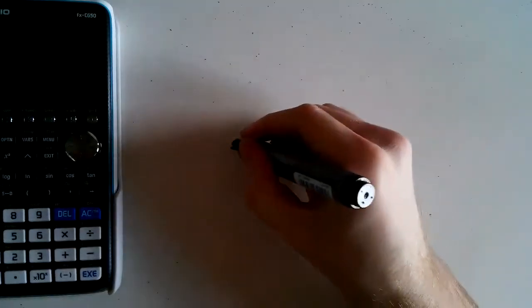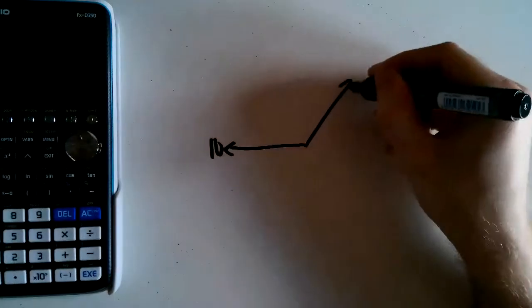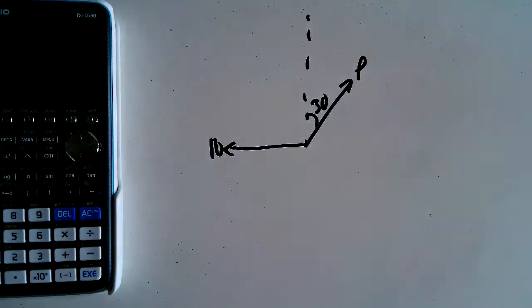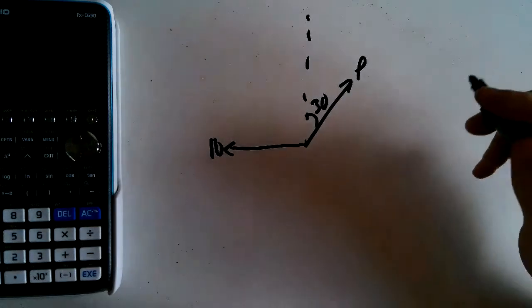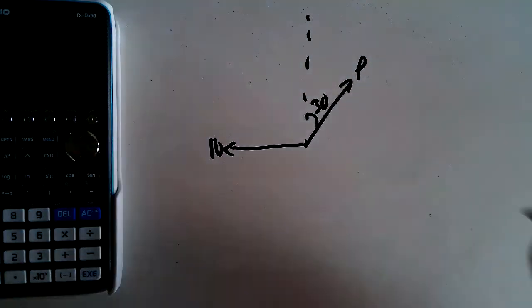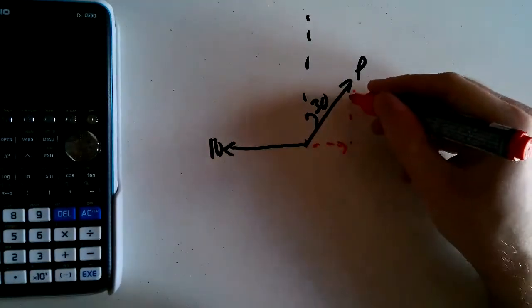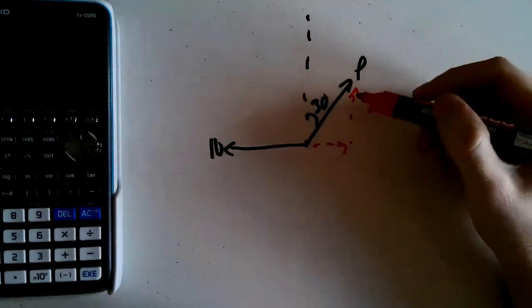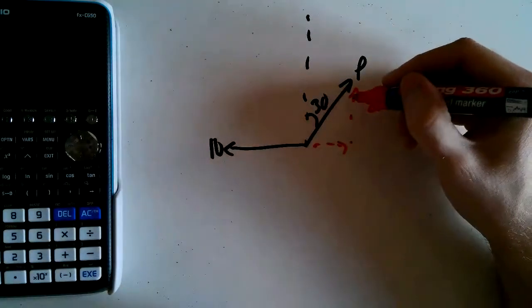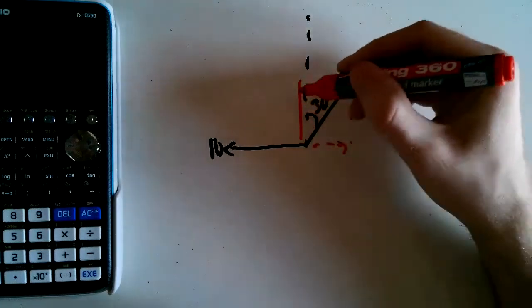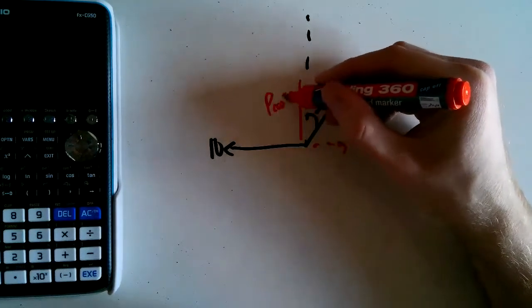you've got that picture, so you've got 10 going this way, P going this way, where the angle is 30. And I said, given that the resultant vertical force is 20, so that means we split this up. Then this bit here is 20. This bit here is the same as this bit here, and this bit here is adjacent, so that would be P cos 30.